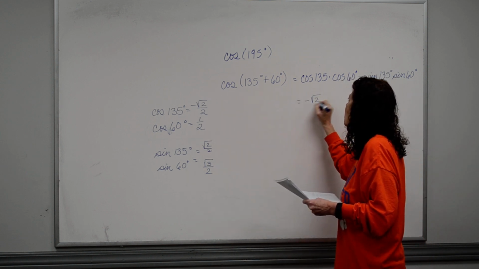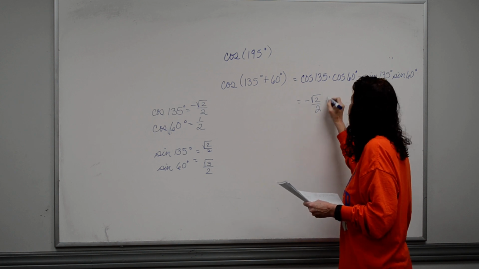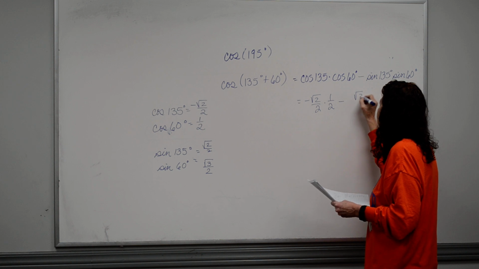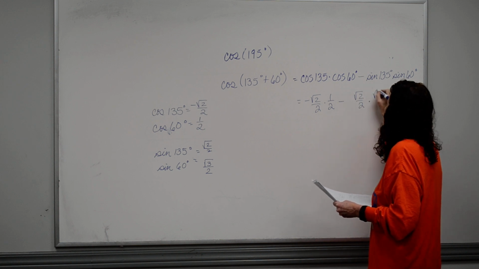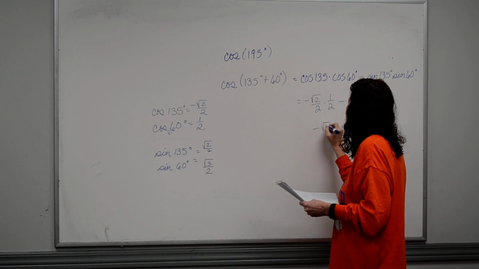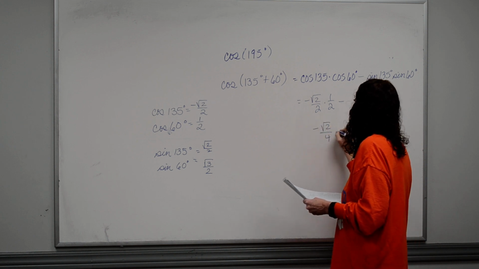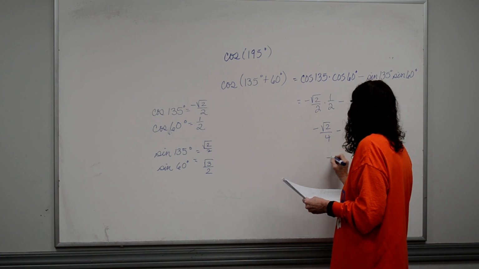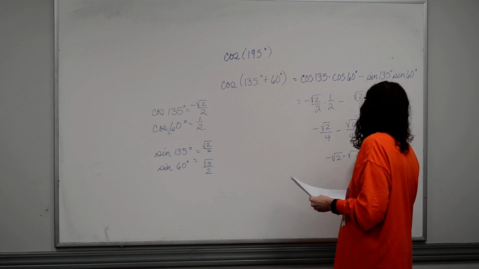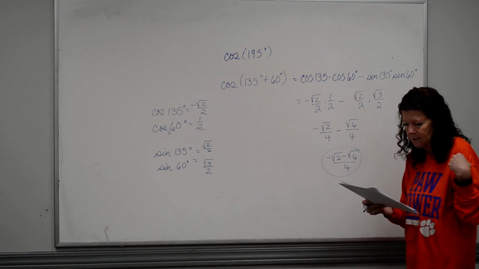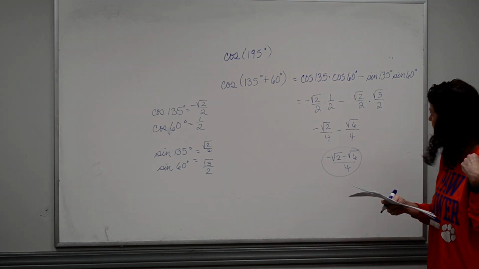Negative square root of 2 over 2 times 1/2 minus the square root of 2 over 2 times the square root of 3 over 2. So this is going to give me negative square root of 2 over 4 minus square root of 6 over 4, which I can then turn around and write like that. And that's my final answer on that.